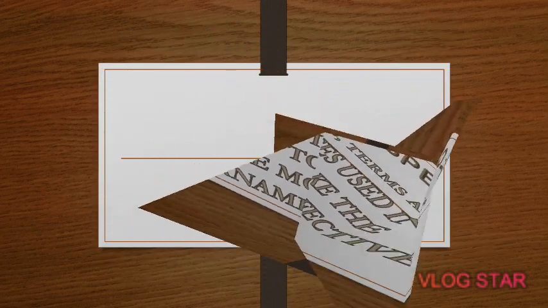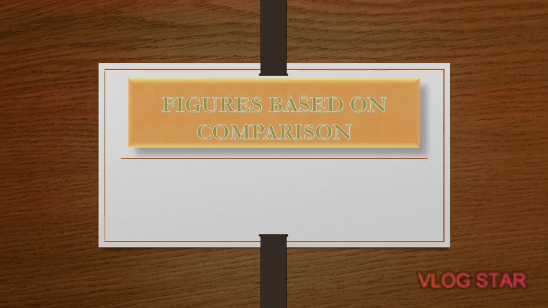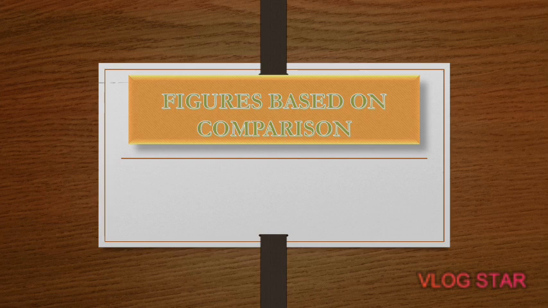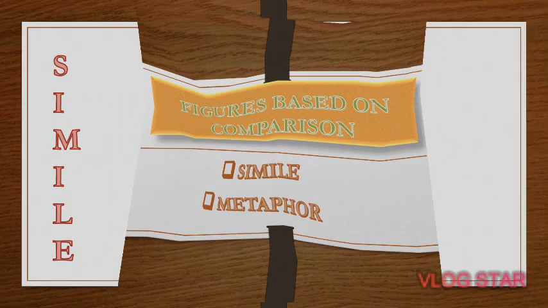Both simile and metaphor fall under the category of comparisons. They are figures of speech classified according to the way they are used. So both simile and metaphor are used to make comparisons.